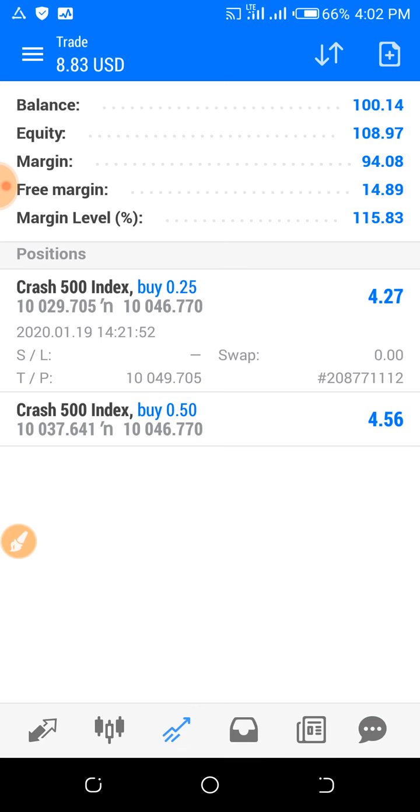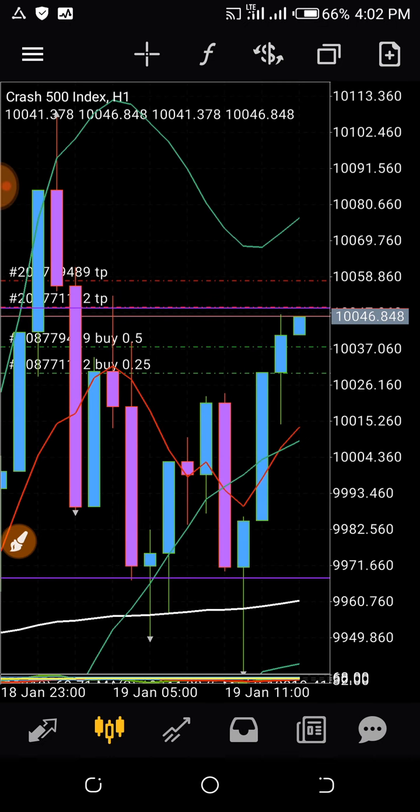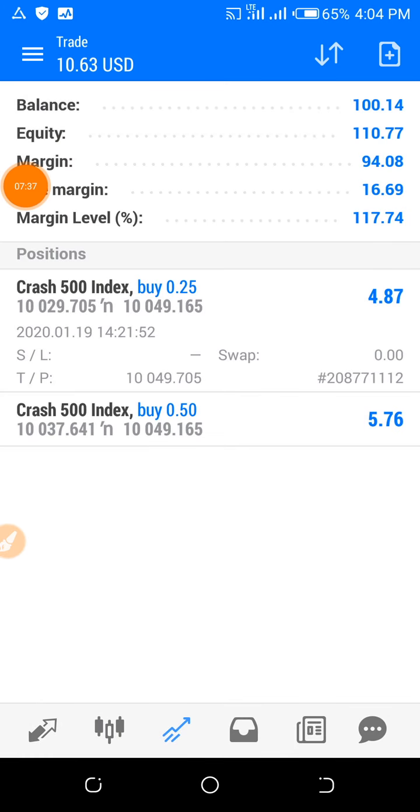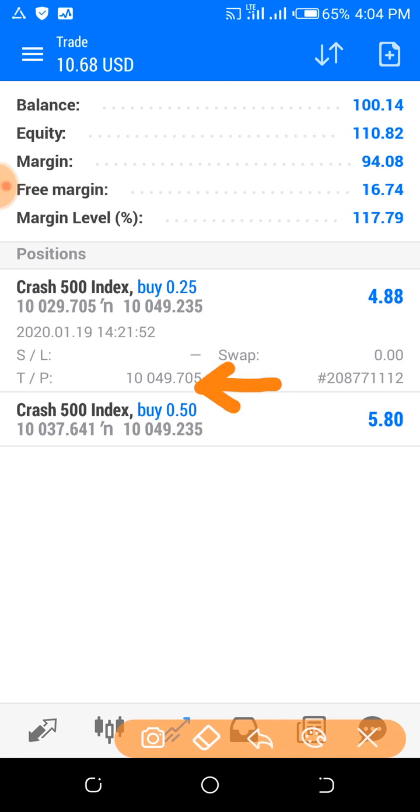Okay, so let's see how things play out. You can still see the chart is getting closer to it. So let's pause and come back again in about 2 minutes. Alright, so coming back, this is where I plan to step out of this market at this price, 100049.705.